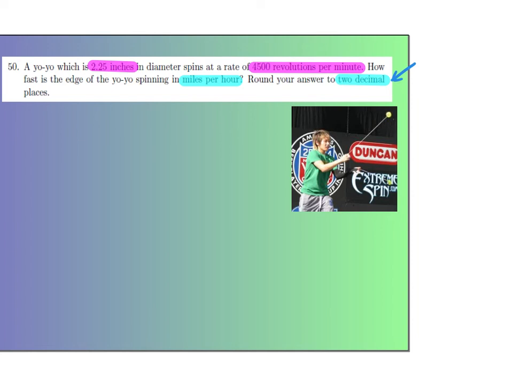Just get it set up, and let's make it a lot faster. Let's change this into feet per, let me think, feet per second. That'll be a lot easier than miles per hour. Figure out how fast it's going in feet per second. Don't have to even multiply it out, just get all the factors written out.